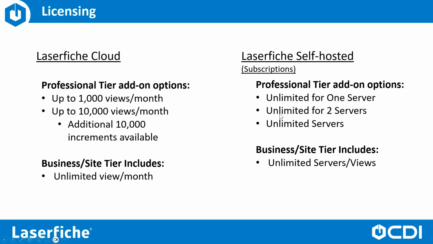With self-hosted, it's a little bit different. It's not so much about the views as how many instances of Laserfiche you have, or how many Laserfiche servers you want configuration for. With the professional tier, you can add it for 1 server, 2 servers, or unlimited servers, and then it's bundled in with unlimited servers and views for the business tier.